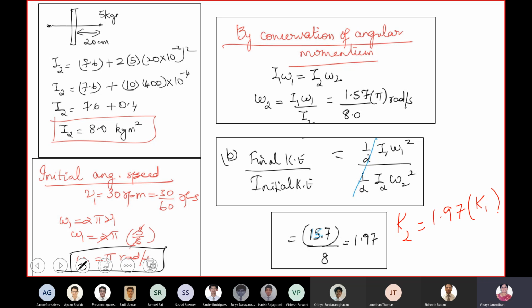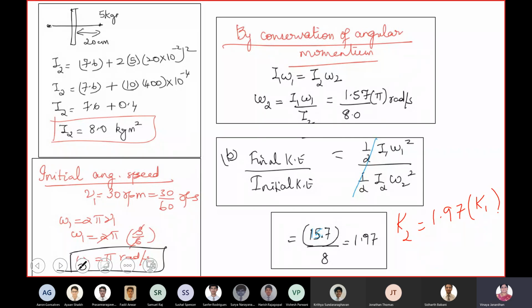But it's a whole square term, just check. So you will have I1 and I2; one of the terms will get cancelled, but the other term will still remain. Which means your final kinetic energy is greater than your initial kinetic energy.